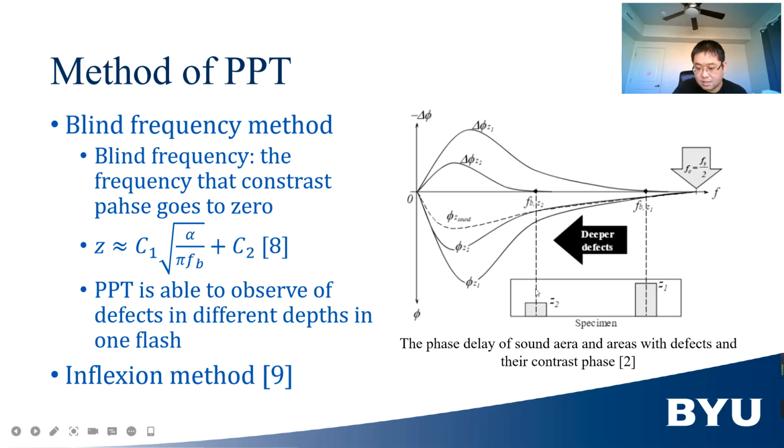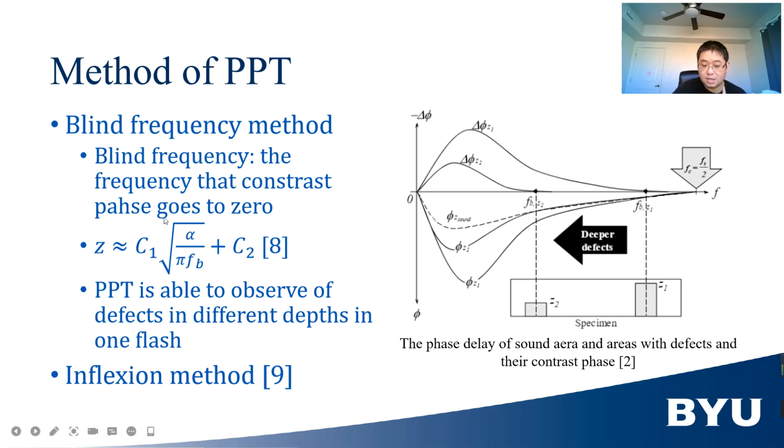Phi 2 is the phase delay with a defect at Z2, and phi 1 is the phase delay of a shallower defect. These three curves can create two contrast phases under different frequencies, and the frequency where the phase delay goes to 0 is called the blind frequency.